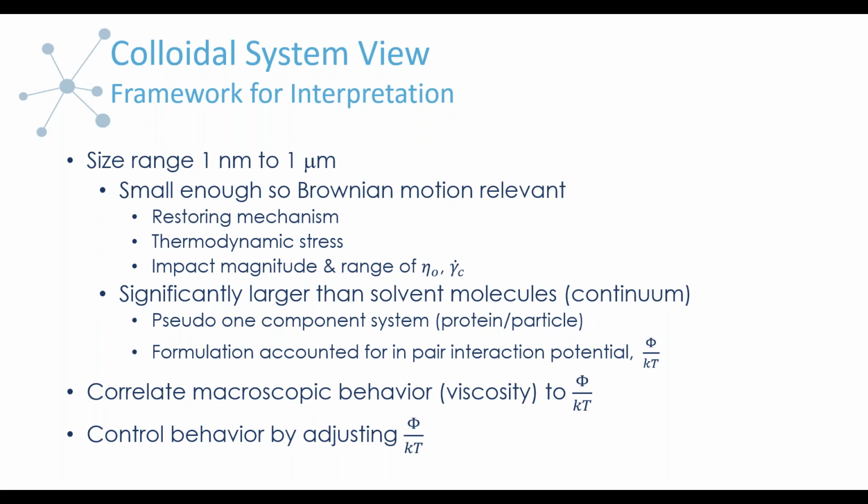Your one component is your protein or your particle. And then you lump or group all of the other contributions into what is referred to as the pair interaction potential. We'll discuss a little more about that in a moment. But the idea is that you don't have to worry about the exact positioning of everything that you put in the buffer formulation or solvent formulation. You lump that into how it contributes to the interactions between neighboring protein molecules.